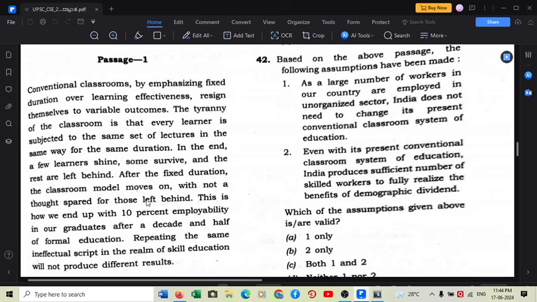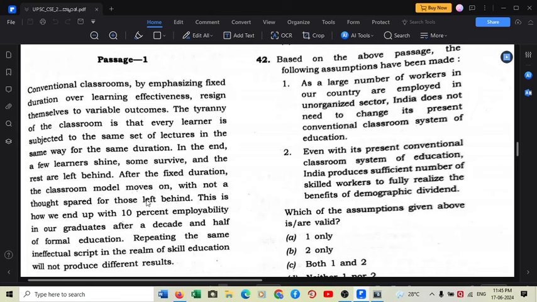As per current statistics, nearly 95% of the labor force in India is employed in the unorganized sector. So if they are employed in an unorganized sector, definitely the conventional classroom system of education has to be changed.